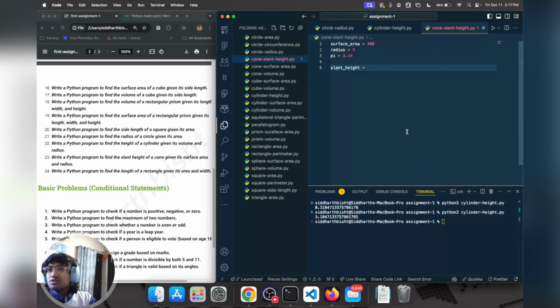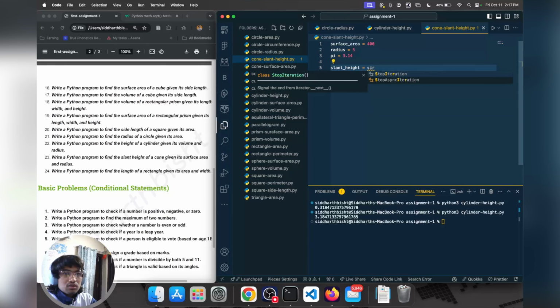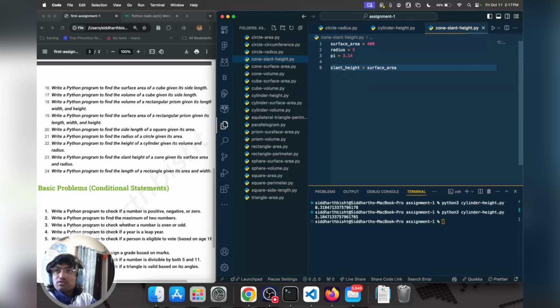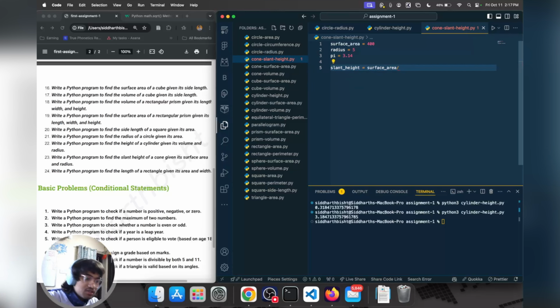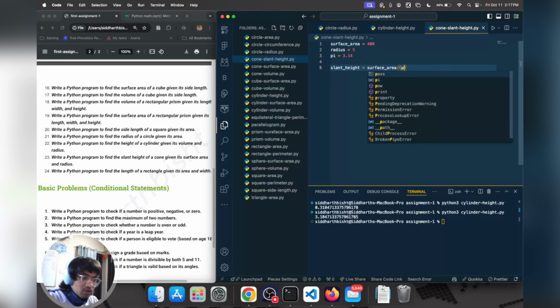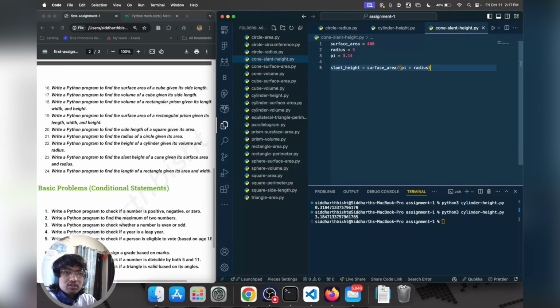Okay, so it's quite simple, just a formula: surface area divided by pi multiplied by radius. And just to be safe, I'm putting all of these inside brackets.